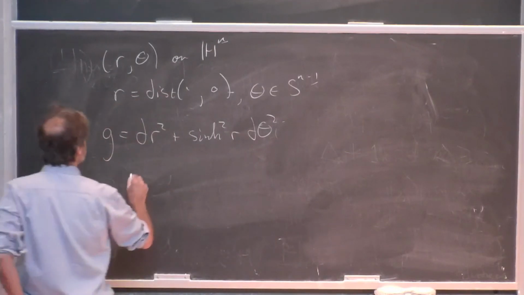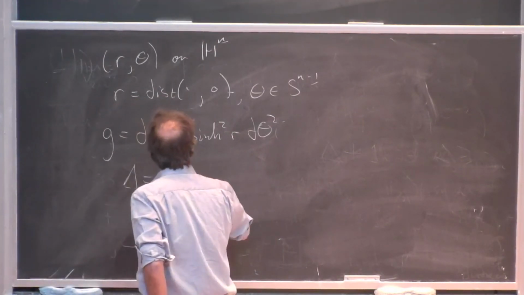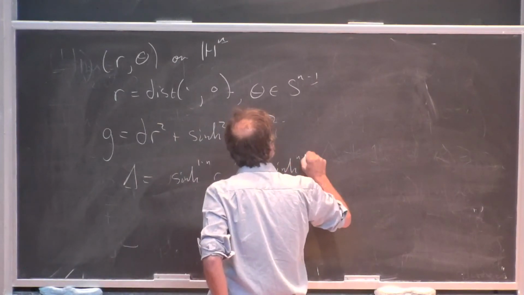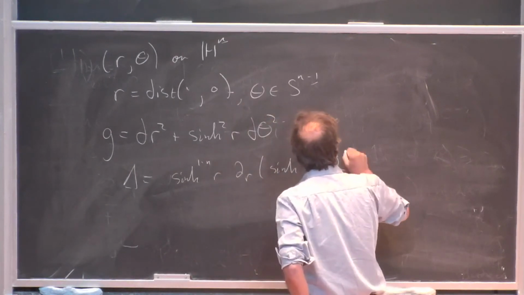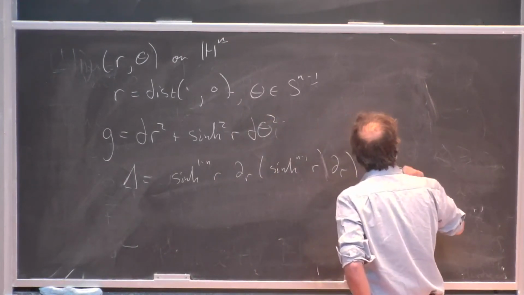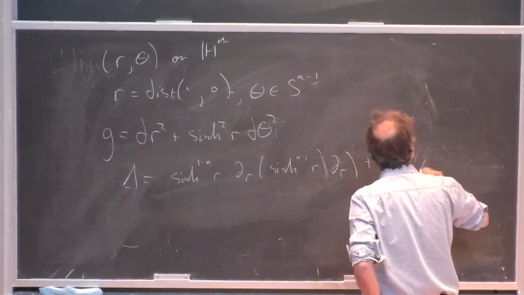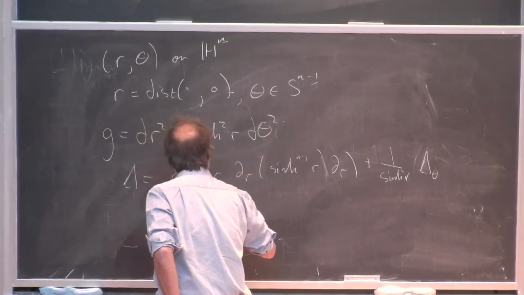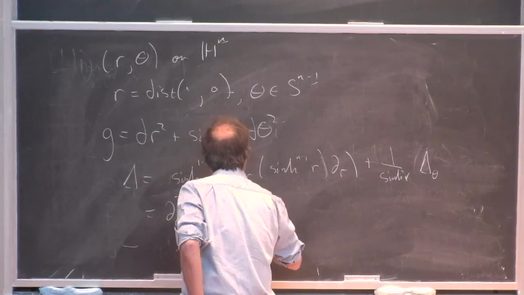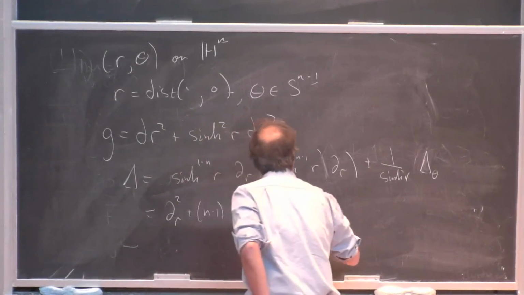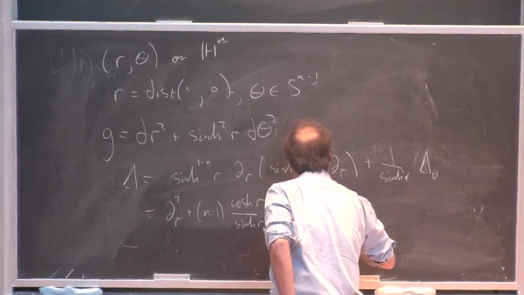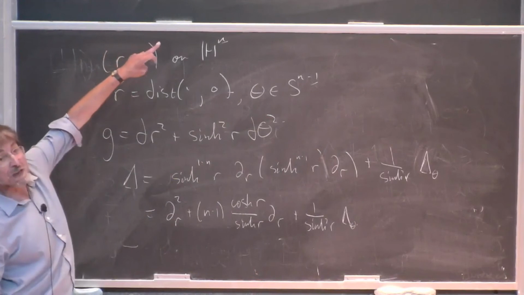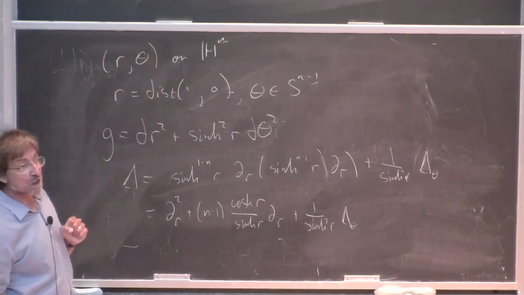What that means is that the Laplacian is going to look like sinh to the 1 minus n of r, d by dr of sinh to the n minus 1 of r dr, plus 1 over sinh squared r times the Laplacian in theta. If I expand this out, I get d r squared plus (n minus 1) hyperbolic cosine over hyperbolic sine d r, plus 1 over sinh squared r times the Laplacian in theta. Now, here's this g. It really only depends on r, since mod z is going to be a function of r.